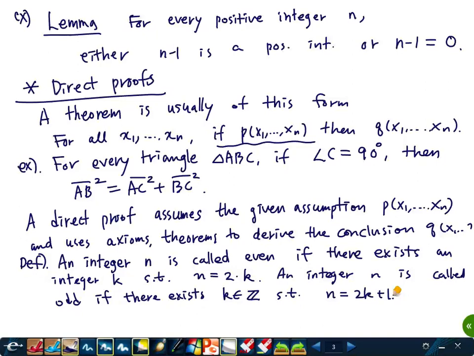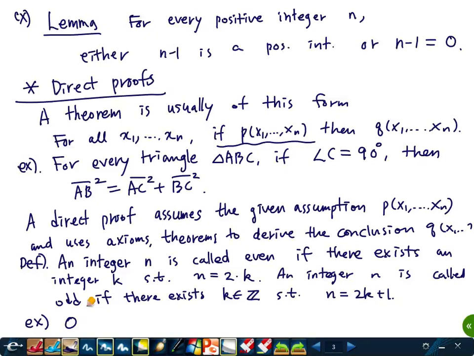Now, let me ask you this question. Is 0 an even integer? Yes, according to this definition. So why is 0 an even integer? Why? So this is a theorem. 0 is an even integer.